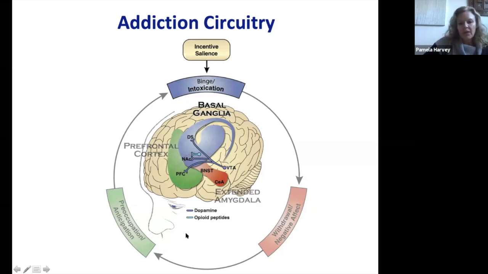So you'll see in your reading that there are three different phases of addiction, but each of these involves the ventral tegmental area, the VTA, the prefrontal cortex, which is located here in green, and the nucleus accumbens, which is very close to the amygdala. This is what they're calling the extended amygdala in red.